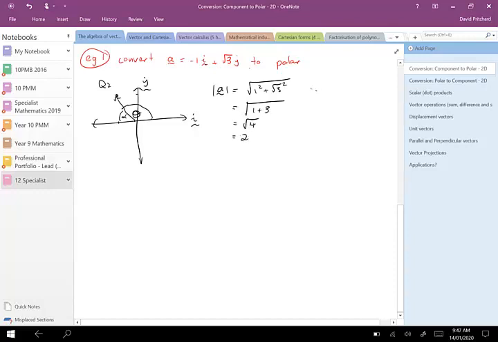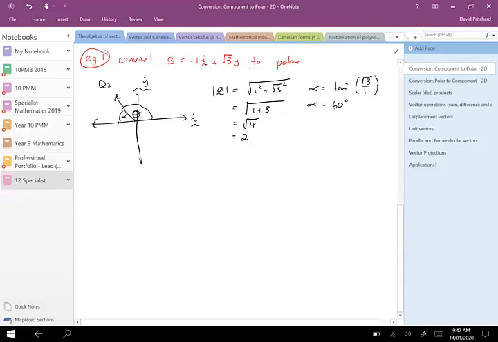Now, to calculate alpha, arctan of root 3 on 1, so you should be able to recognize these as standard triangle values, and the answer there is 60 degrees. You notice again I didn't put the negatives in. That's because throwing those negatives in will complicate the scenario.